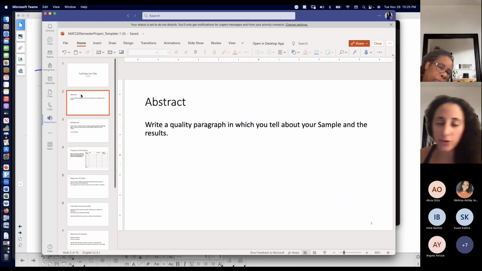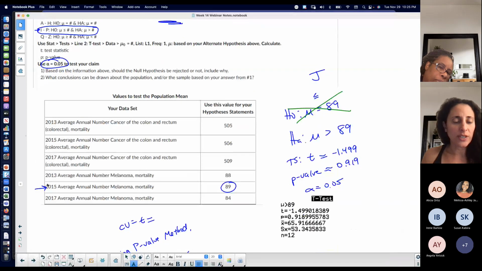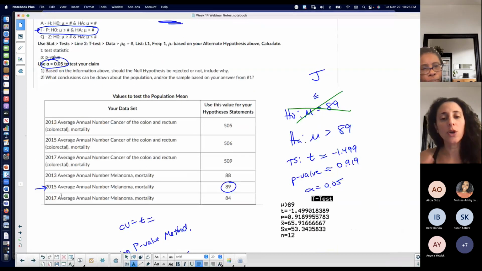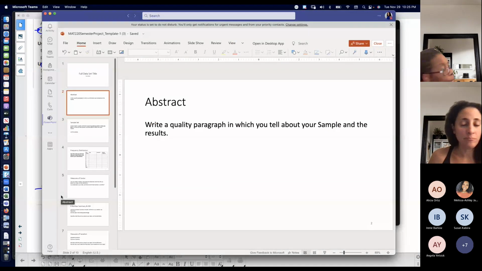Then you can go back to your abstract and say, we looked at the population of the 2015 average annual number of melanoma. We gathered some statistical values. We indicated that there might be large variability based on the standard deviation.